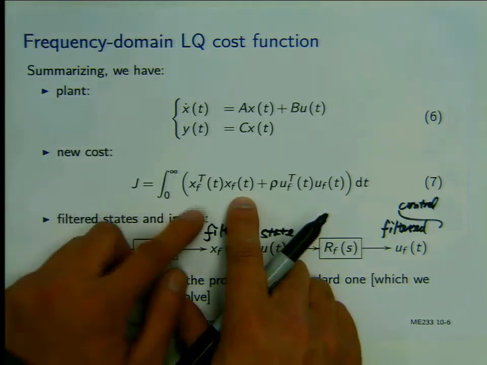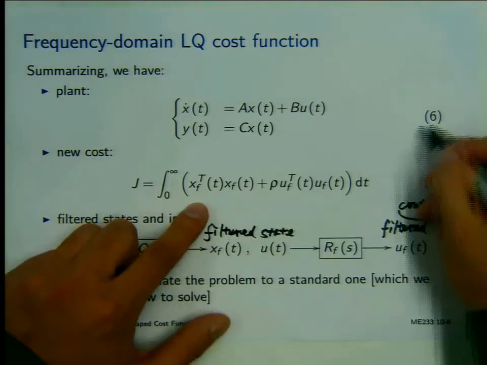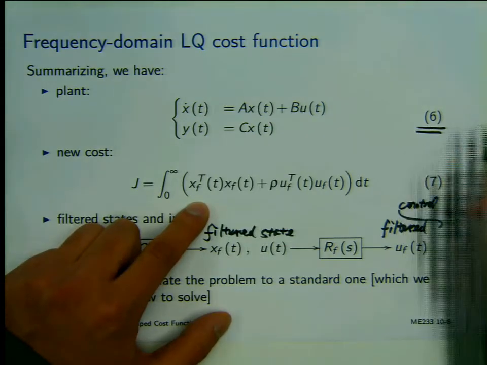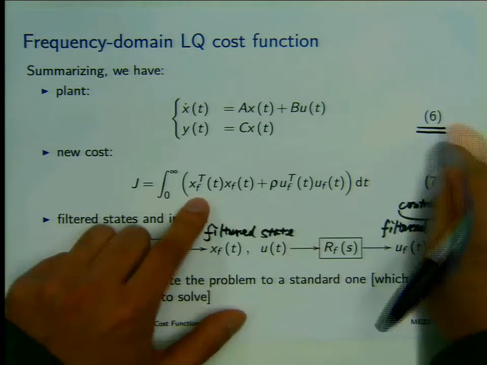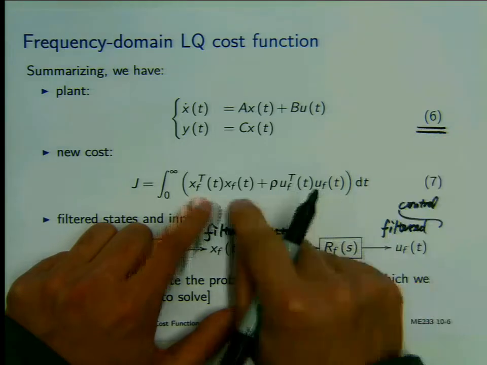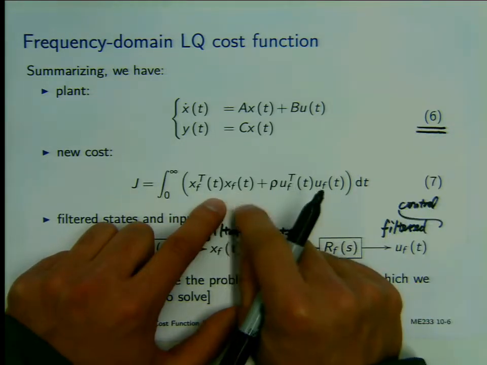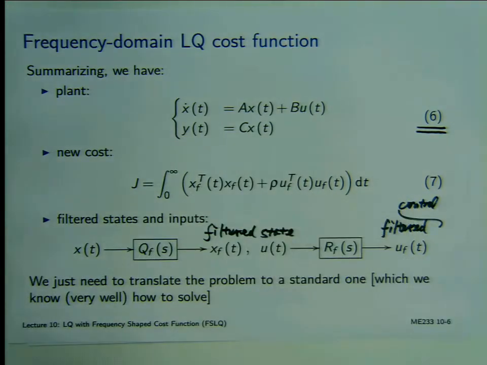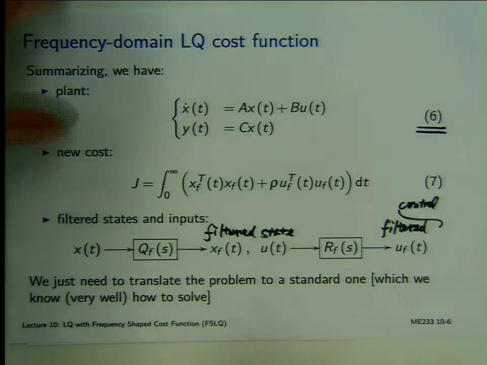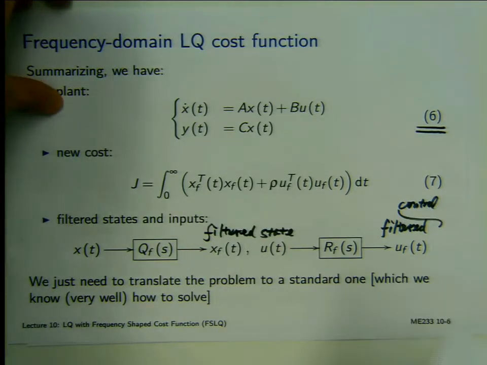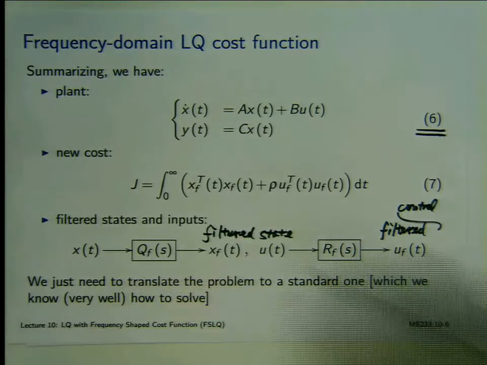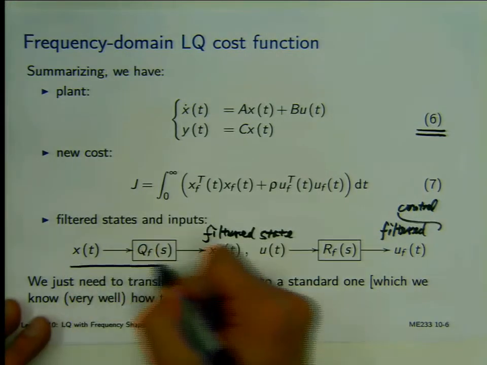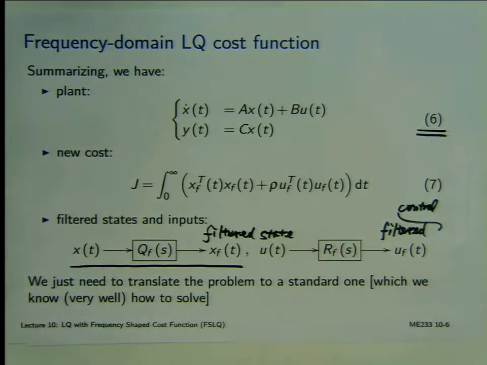So what we need to do is to think about how to expand, enlarge this plant to include Xf as a state of the plant, okay, and include Uf as some sort of control inside. Okay, so let me start with the first part, this filtered state. Okay.